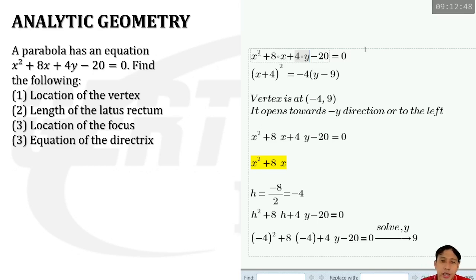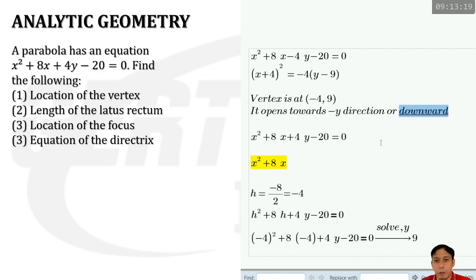If this happens to be minus, this would become positive if transferred to the right. Then the direction would become positive y. Sorry, downward. Downward, not to the left.